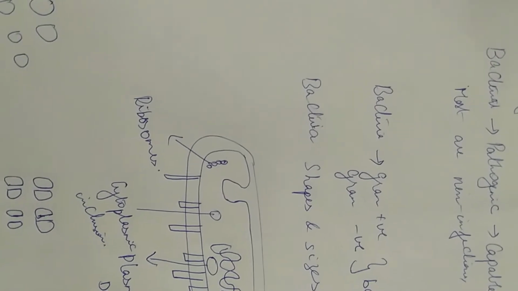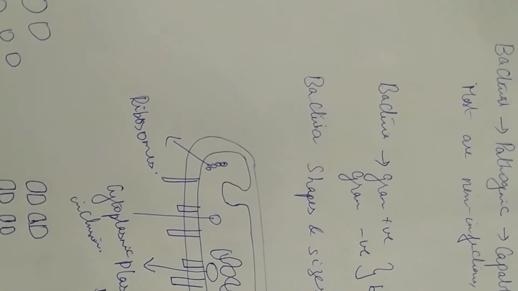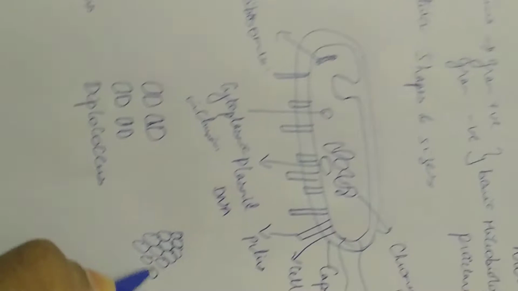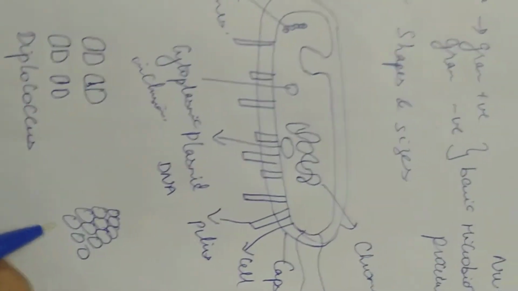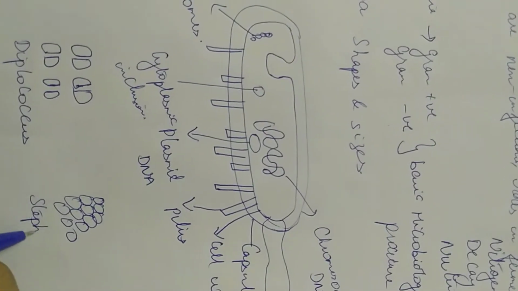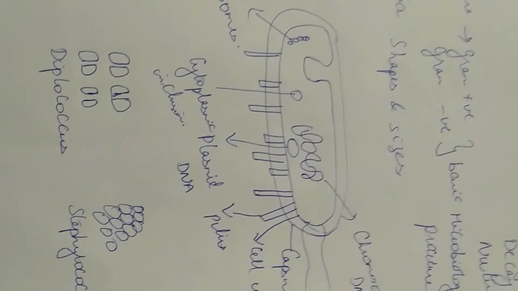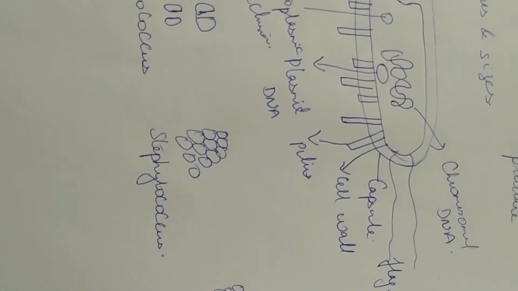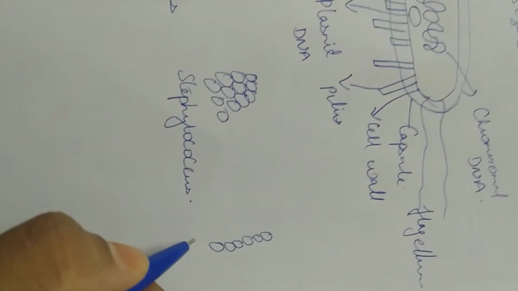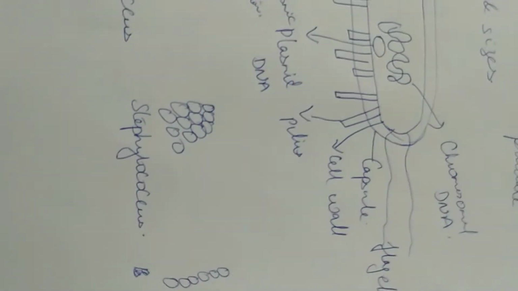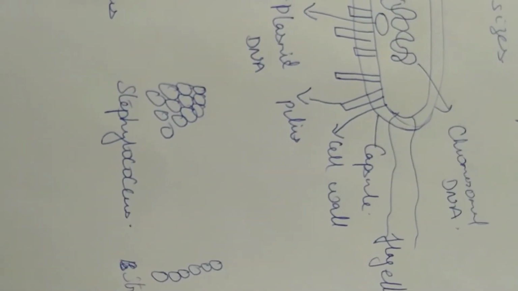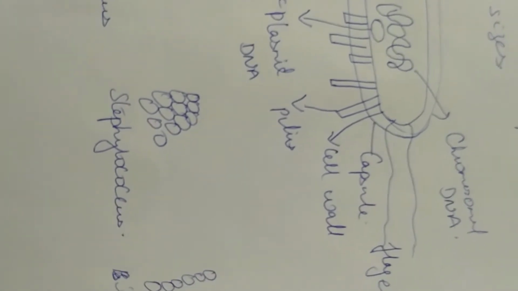And we have one other shape where it looks like a cluster like this, and these are called staphylococcus. Then we have it like a strand like this, and these strands are called streptococcus. So these are a few shapes of bacteria.